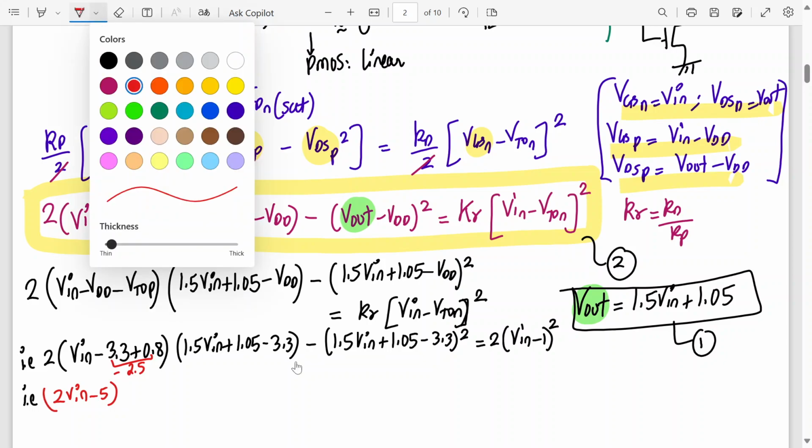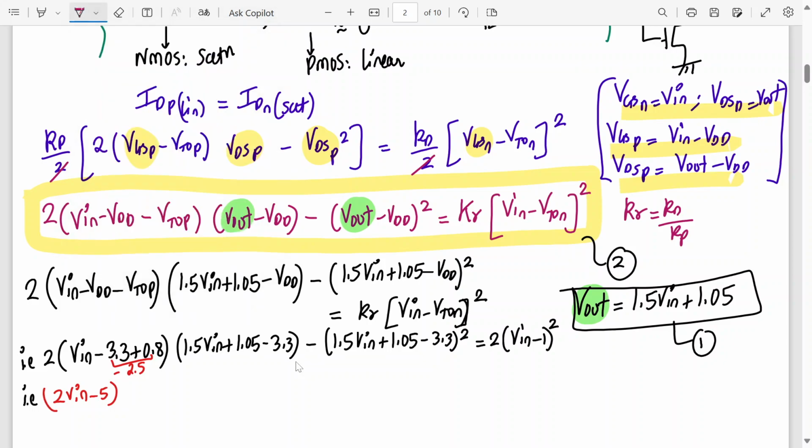Now the second term will come. How much is it? 1.5 times V in minus, how much is this? 3.3 minus 3.3 plus 1.05, how much is it? 2.25. So 2.25 minus 1.5 times V in, minus 2.25 squared is equal to KR.